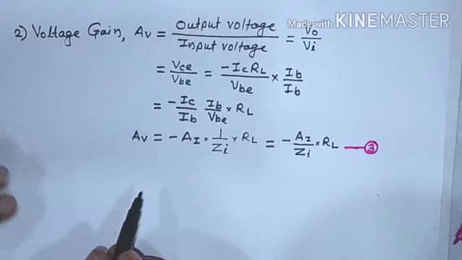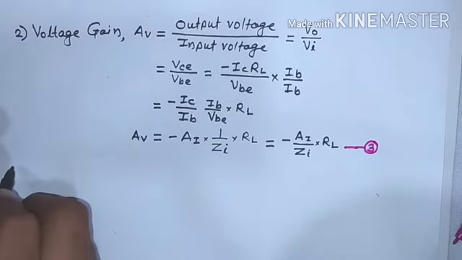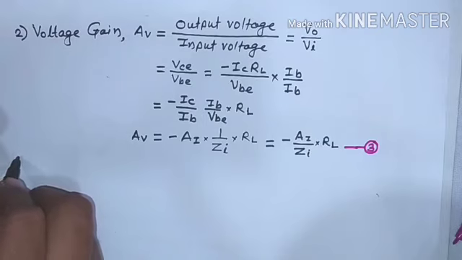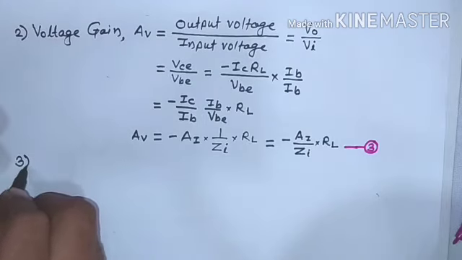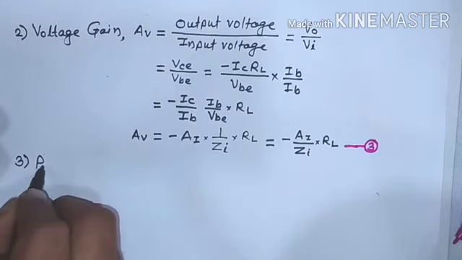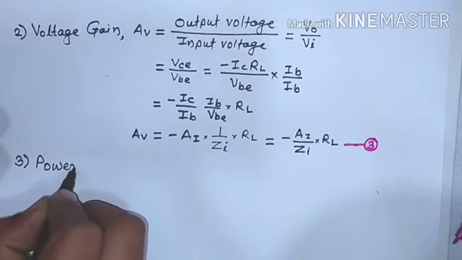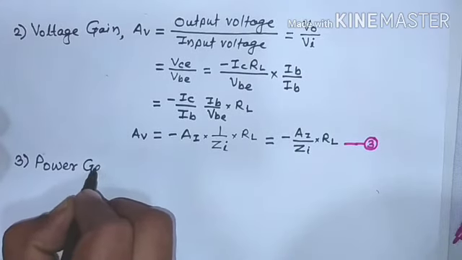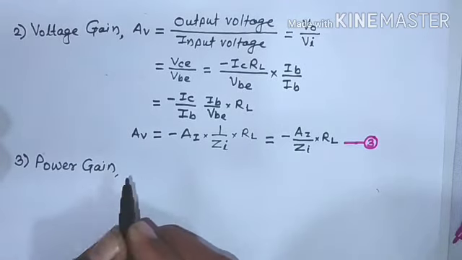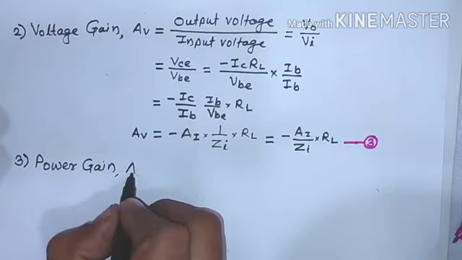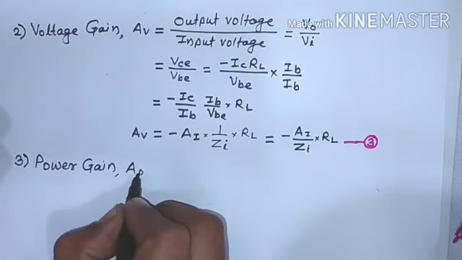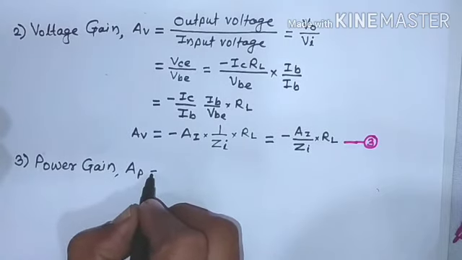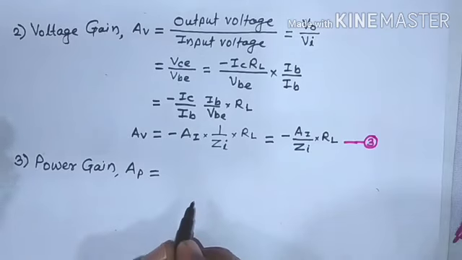Now next we have to derive the expression for power gain. So it is the fourth equation, and we have to write power gain. Gain is denoted by A and power by P. So as usual we can write this.